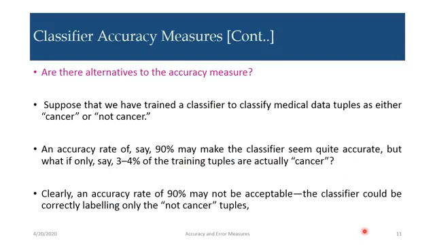Next, are there alternatives to the accuracy measure? Suppose that we have trained a classifier to classify medical data tuples as either cancer or not cancer. Now we have a data tuple, and we have to classify whether that patient is a cancerous patient or non-cancerous patient. An accuracy rate of 90% may make the classifier seem quite accurate, but what if only 3 to 4% of the training tuples are actually cancerous?